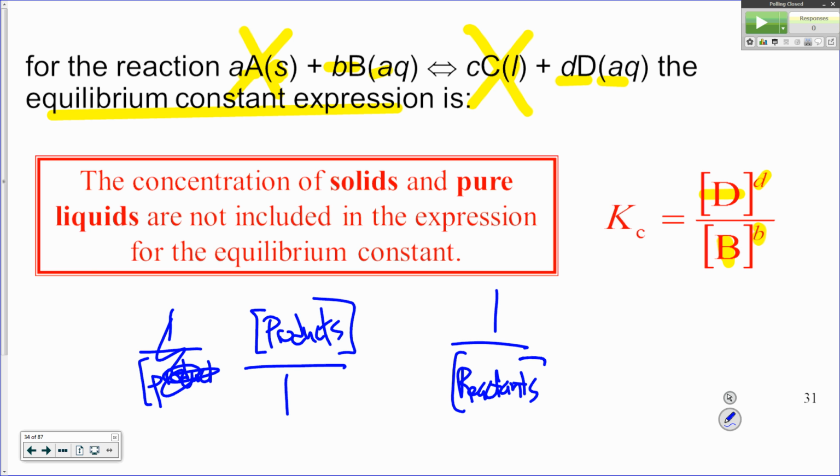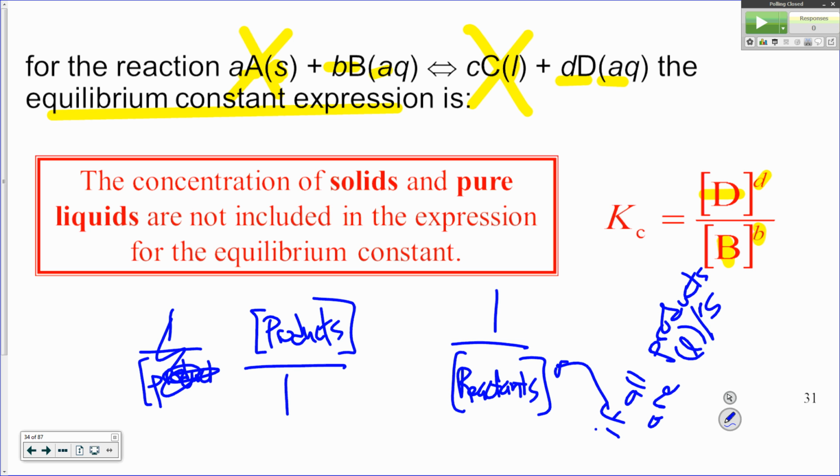If all the products are liquids or solids. Okay, and it would just be the products if the things that are solid are the reactants.